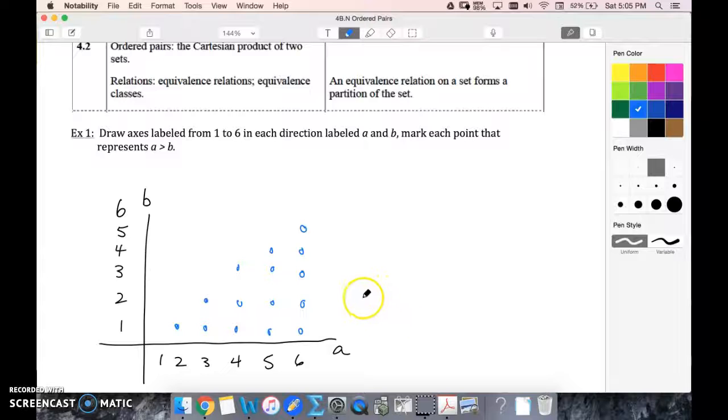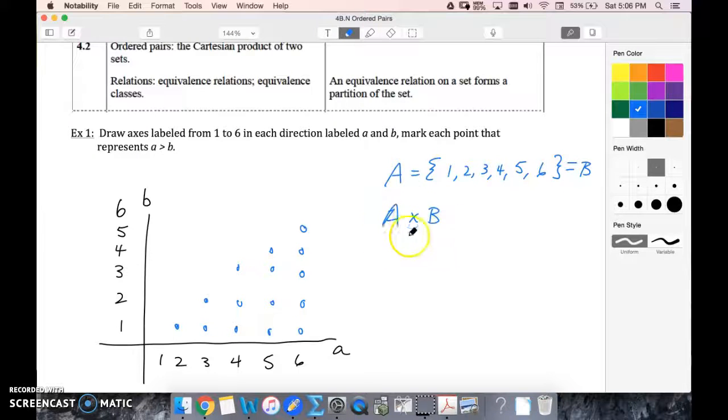But what we've got here, we could think of two sets. So we could think of set A here as 1, 2, 3, 4, 5, 6. And of course, that's equal to set B as well. And we could say that A cross B is the Cartesian product.